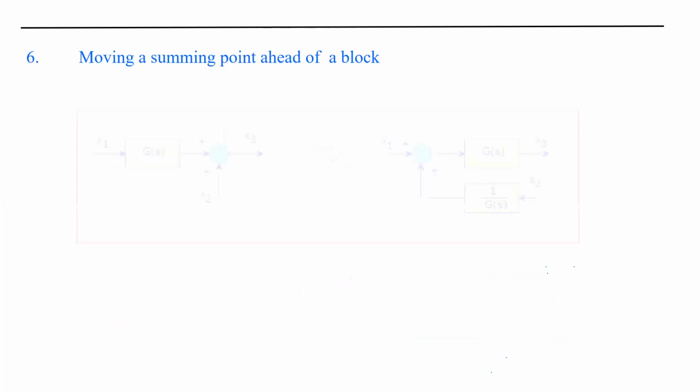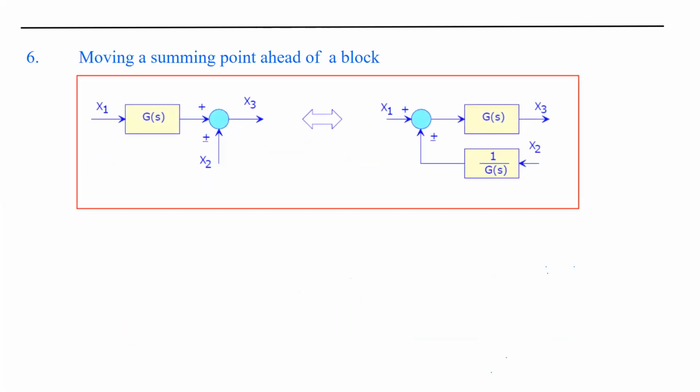Now moving a summing point. Look, what we are talking about is a little bit confusing, but once we start manipulating systems, you will see it is very simple. Now I want the g to be after the summing point.